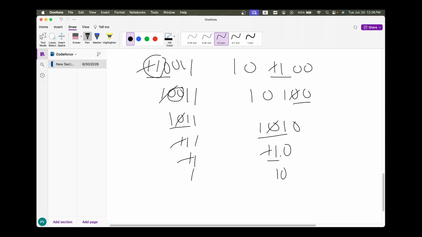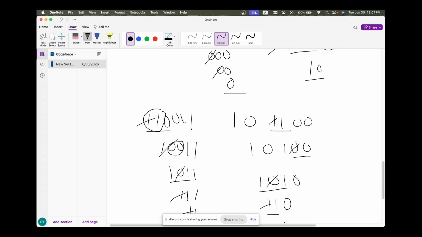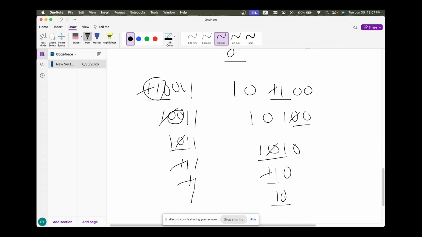Suddenly we are left with 1010. And then once I cut out this 0, we have 110. I cut out this guy, and then I have a length of 2 left. I cut out the 0, right? And the problem is, if you cut out this 0, what happens is you're left with 110. But then in the previous case, we know that 110 is going to eventually result in length 2.